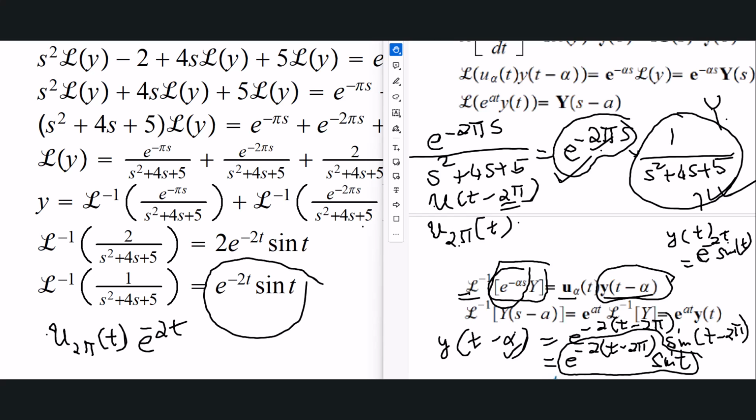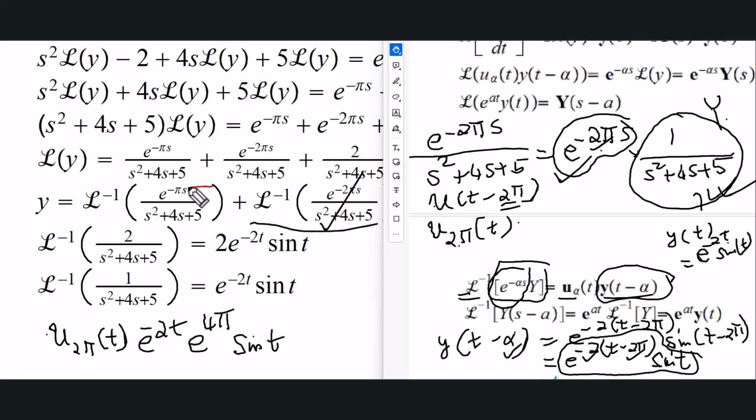We're distributing negative 2 here. So next we have e to the negative 2t, and then negative 2 times negative 2 pi would be e to the positive 4 pi, and then we got sine of how much? t. Okay, so that's what the inverse Laplace transform of this function will be.